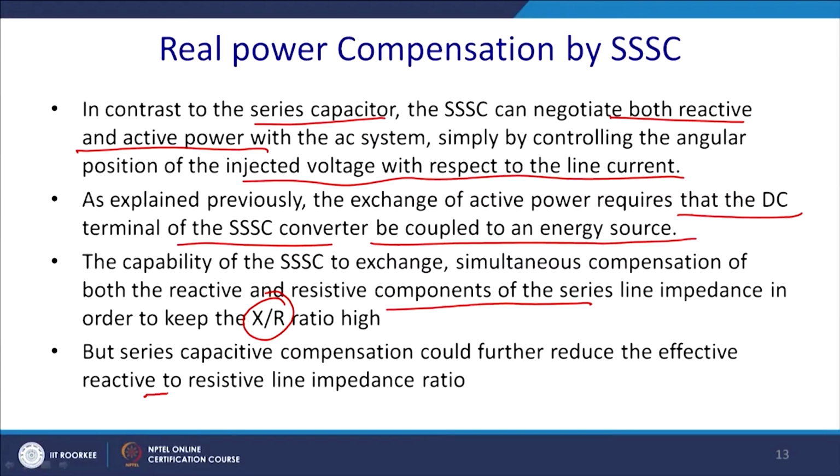Generally X by R ratio is taken to be 10 or something like that. But series capacitor compensation would further reduce the effective X by R ratio of the line impedance. That is one of the problems, because it becomes XL minus XC.